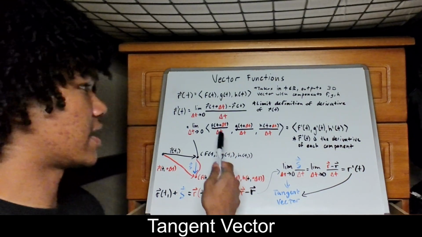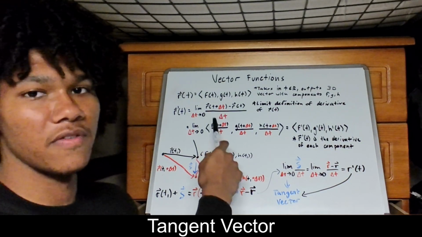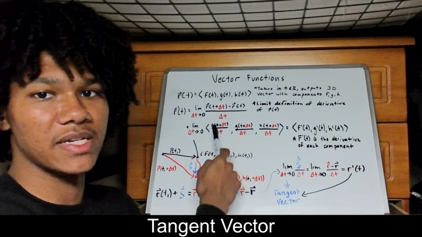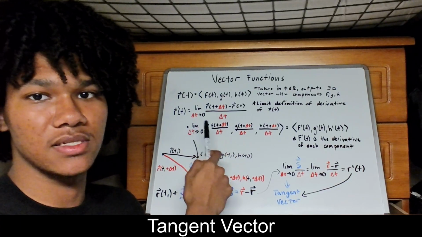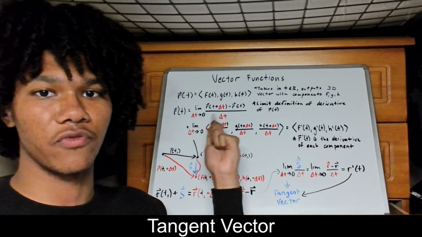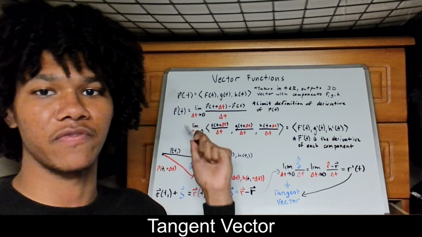Algebraically, we just write that as r of t plus delta t minus r of t, divided by delta t, taking the limit as this divisor approaches 0. That's going to be our derivative of our vector valued function.